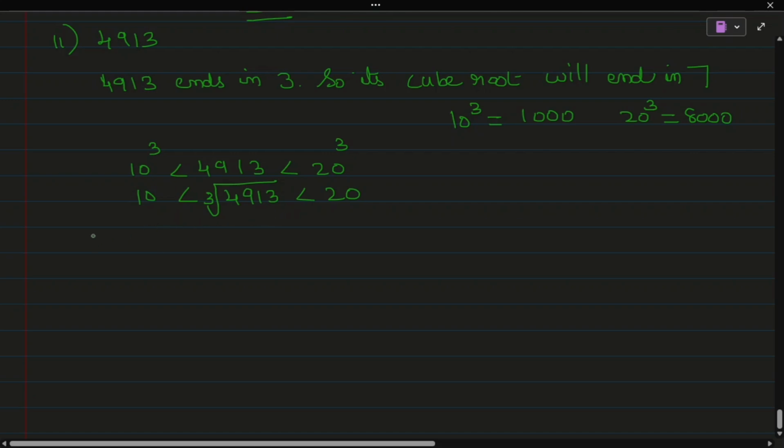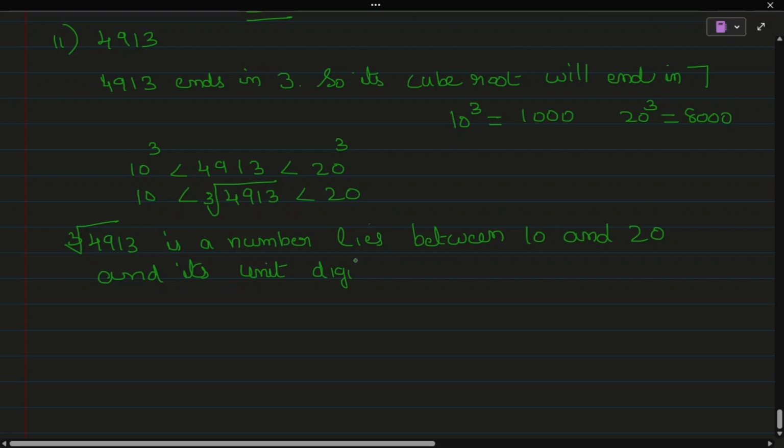So between 10 and 20, we can write the cube root of 4913 is a number that lies between 10 and 20, and its unit digit is 7.